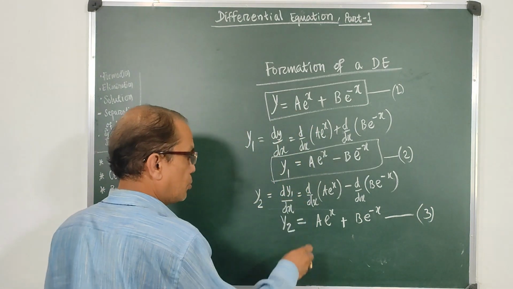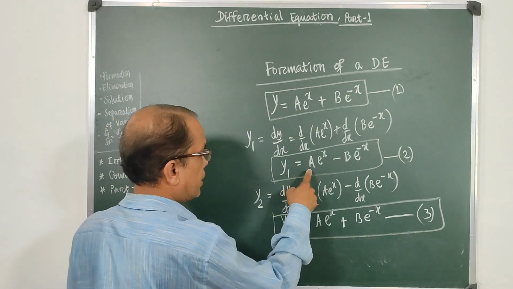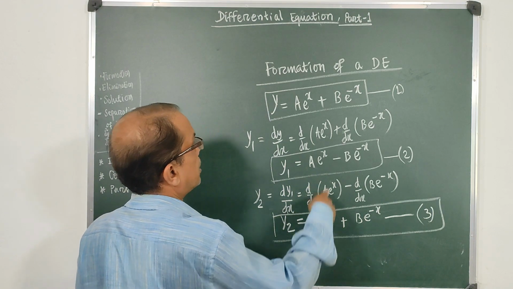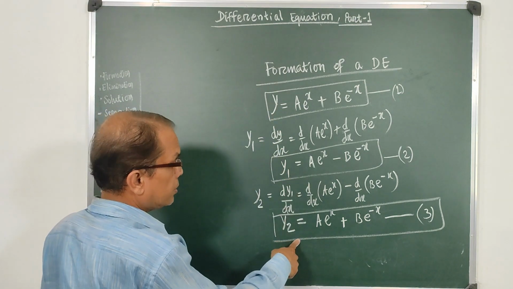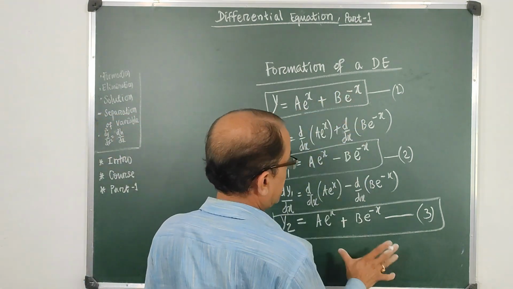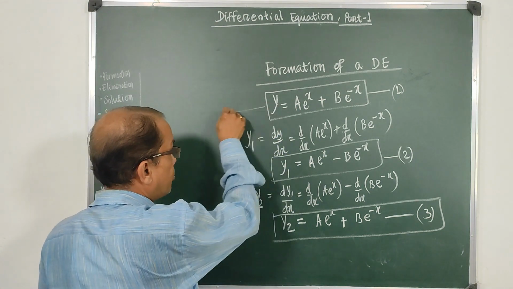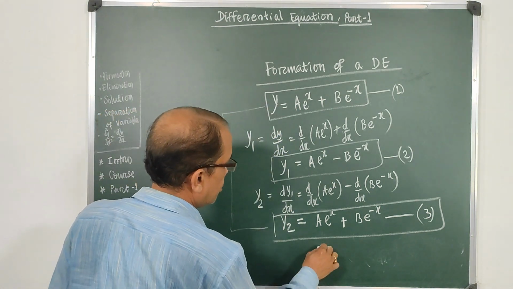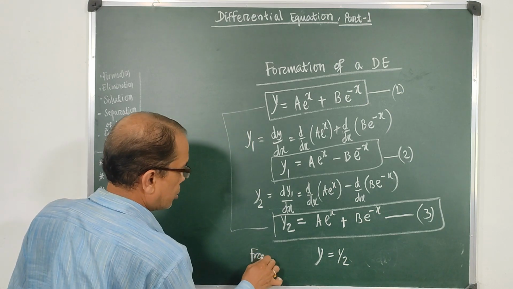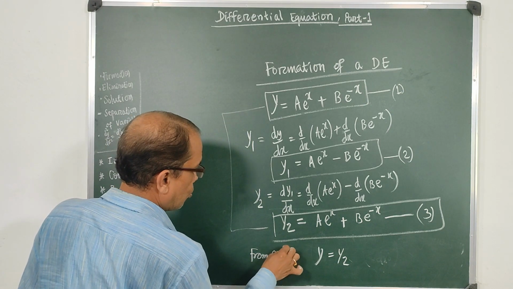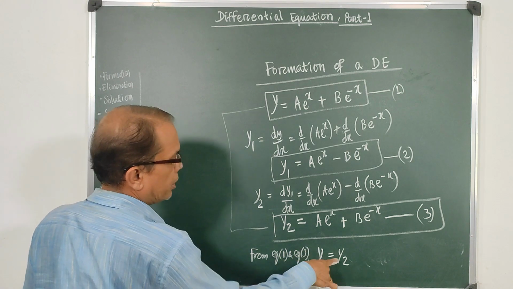Now try to see if there is a link between these three equations. The second and third have the same difference as the first and second, but look at the first and third, the RHS is equal. So we can infer from equations 1 and 3 that y is equal to y2.